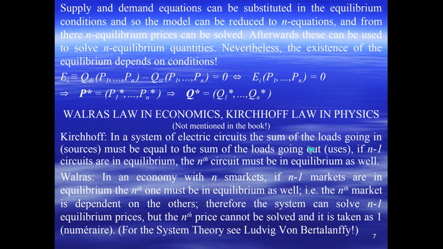If all the energy coming in is used, we have equilibrium, which is like demand and supply. Supply are the loads, the electricity produced or stored somewhere that we use.